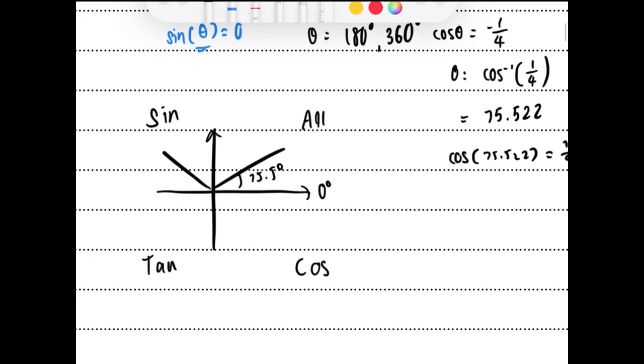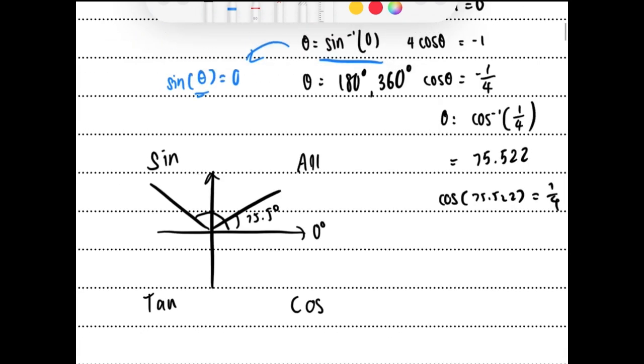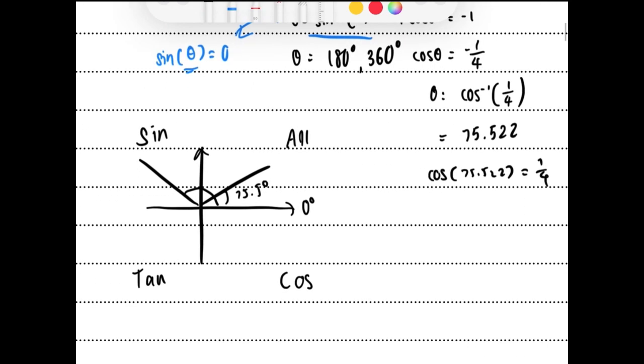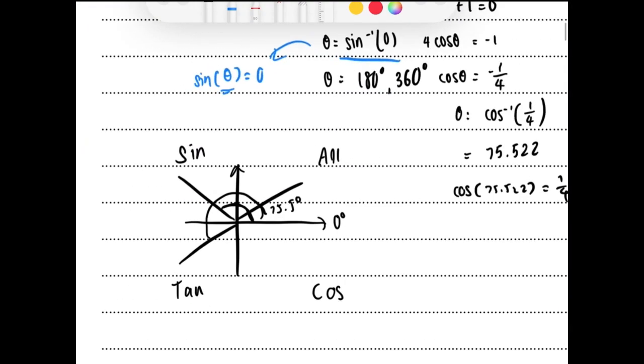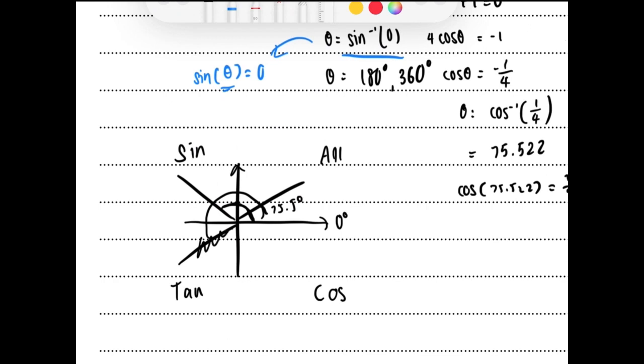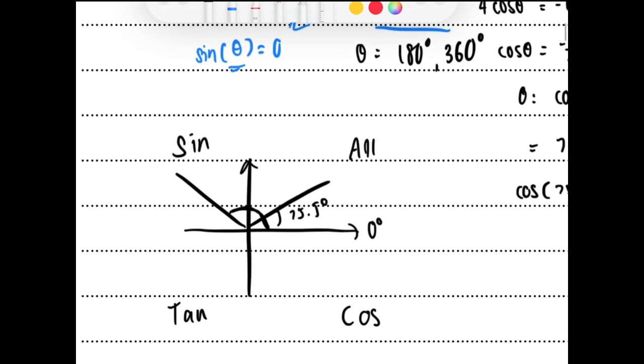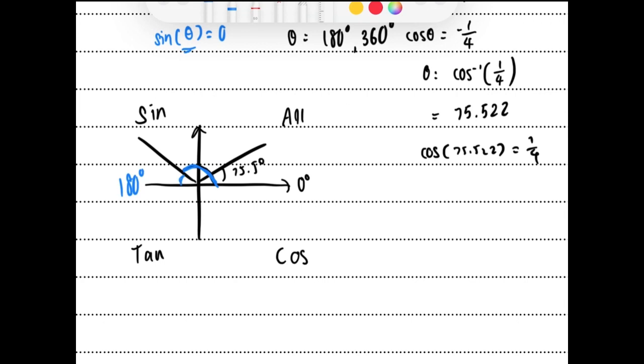But then if you want to find out what's your critical angle over here, you want to find a negative. So what I want is this angle here or this angle over here. However, because we know that the domain is within 180, I don't want to find the angle that will reach up to the tangent quadrant. So all I want right now is this angle over here. And how do I find that? Well, you know this is 180. So to find this angle, this part is your critical angle, the same as 75.5.